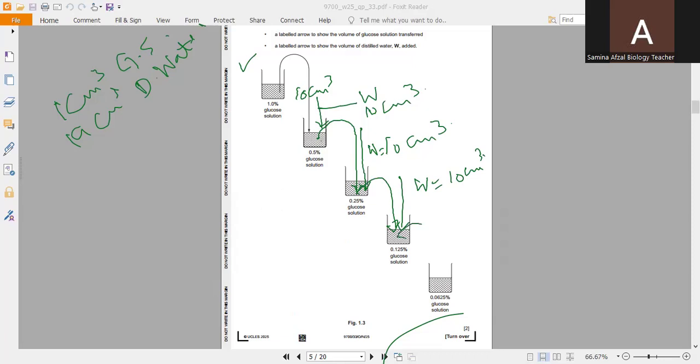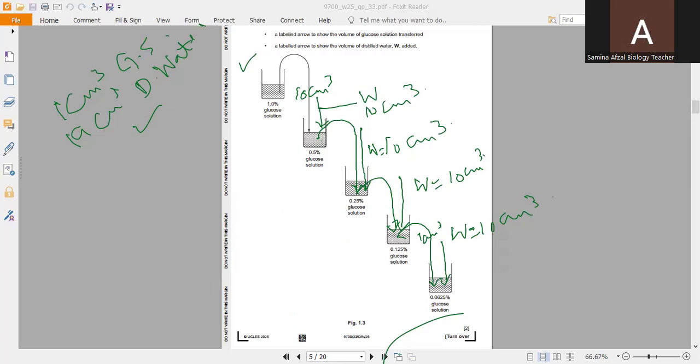Now from this solution, we will make half of this concentration by taking 10 cubic centimeters of this solution and mixing it with W, which is again 10 cubic centimeters. So in this way, we have made these 5 concentrations. One concentration they had already given us.